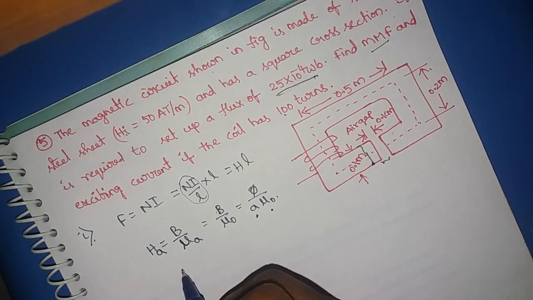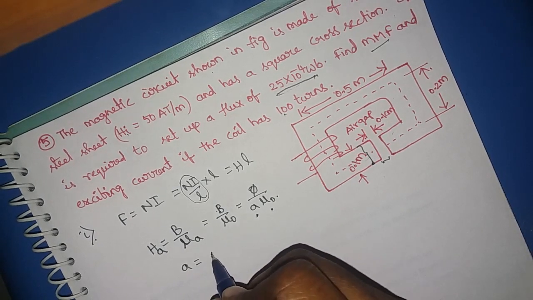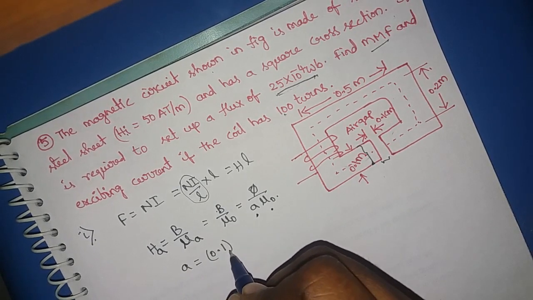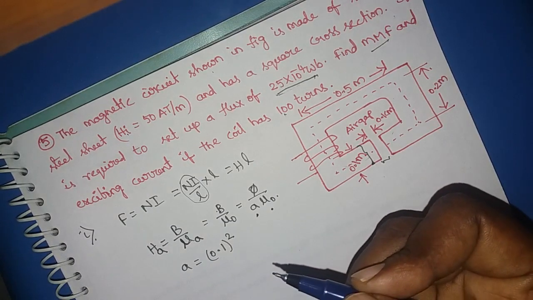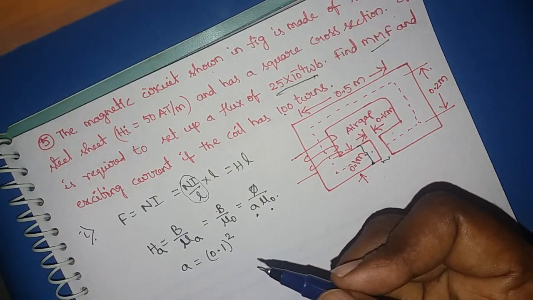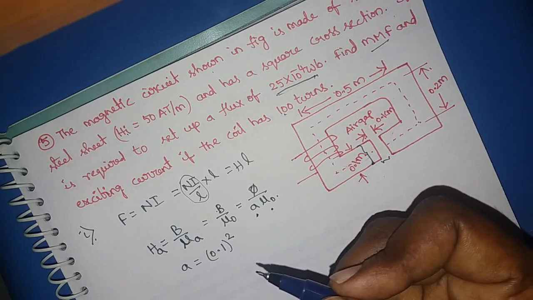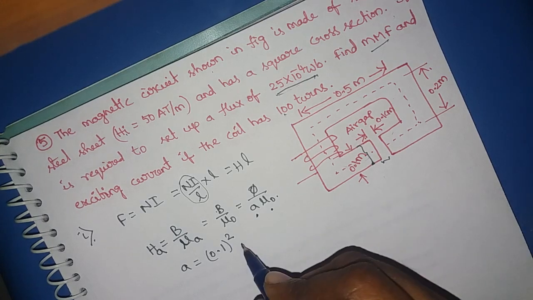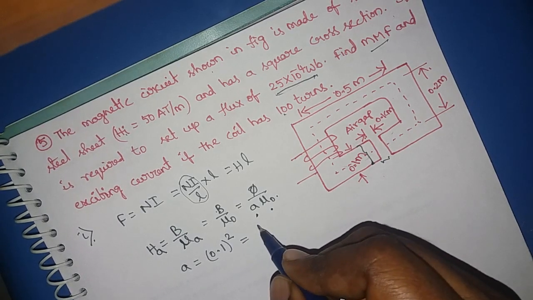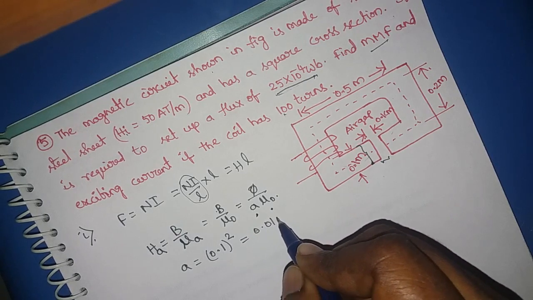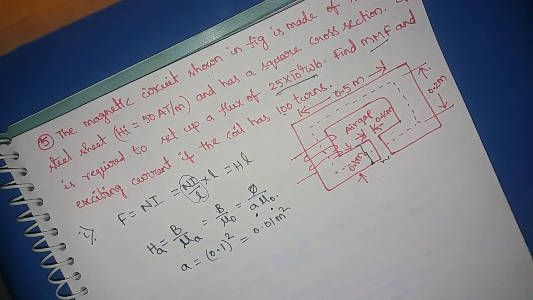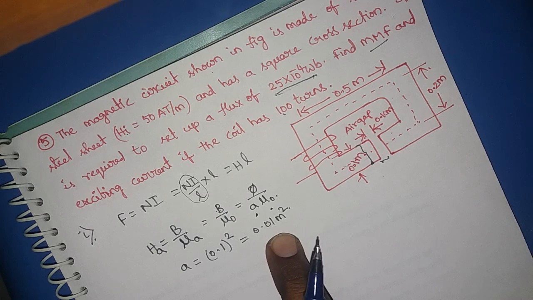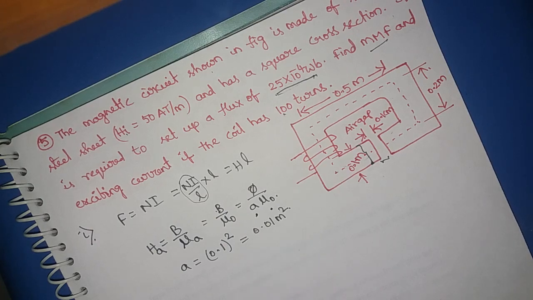So A is equal to 0.1 whole square, which is 0.01 meter square. Yes, it is right.